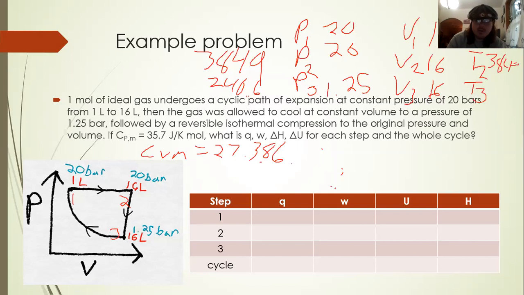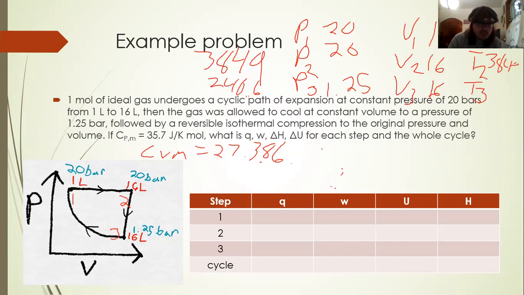So I'm going to prove this to you the easy way or the hard way on each step. So we'll start with this. The first step, constant external pressure, it expands from 1 liter to 16 liters.